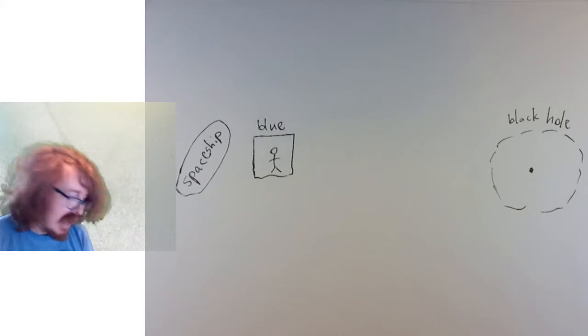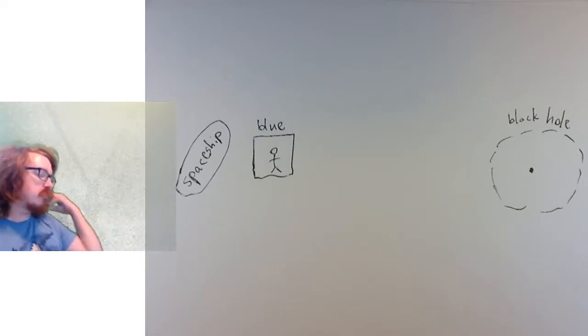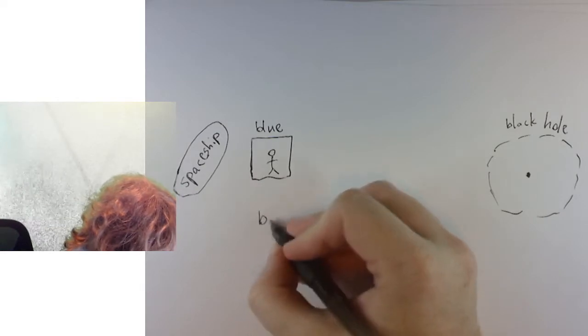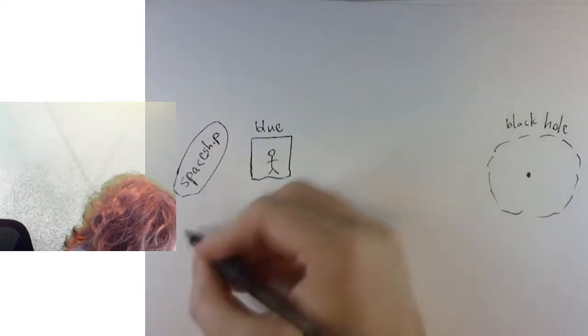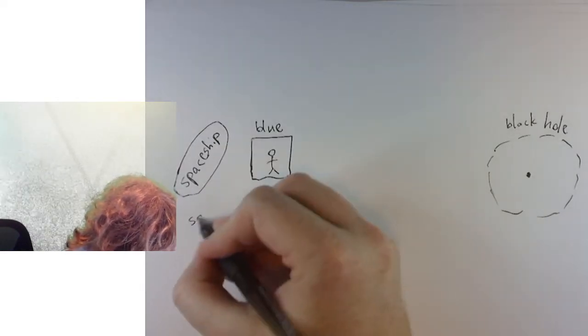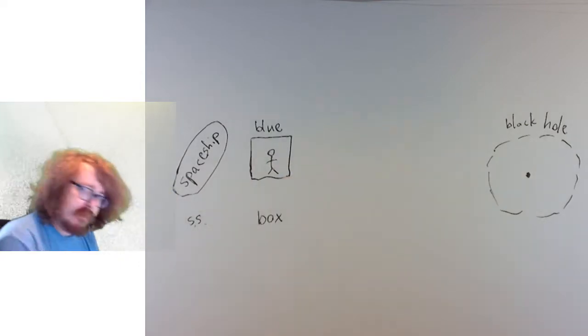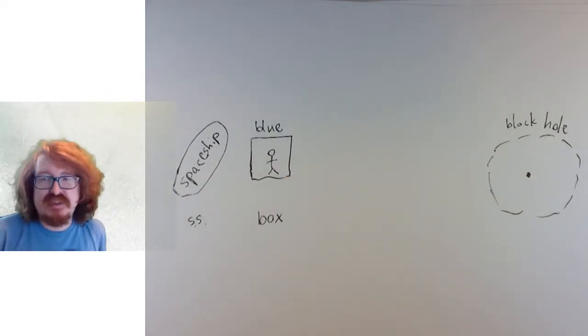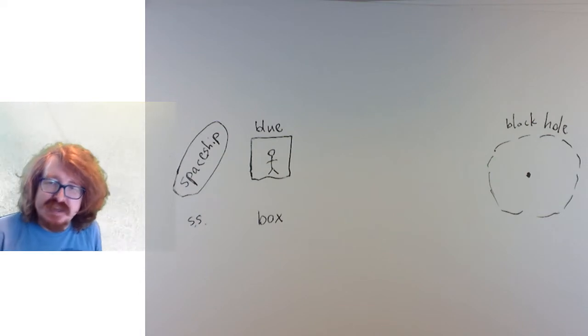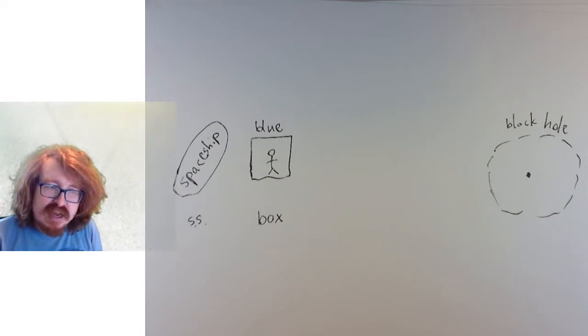Okay, now, here we go. Let's call this the box point of view, and this the spaceship point of view, okay? Because what happens to this guy as he falls in is going to be different from different points of view.